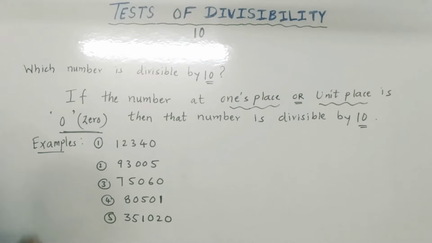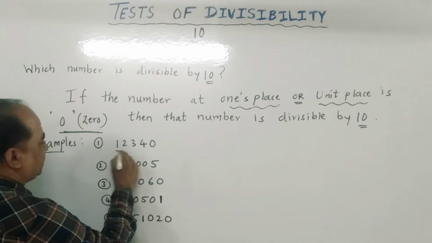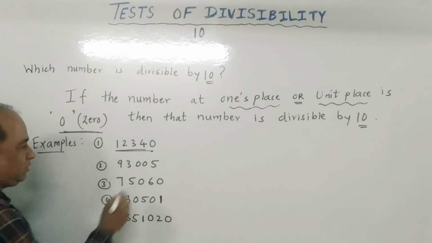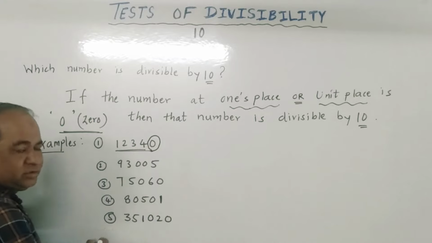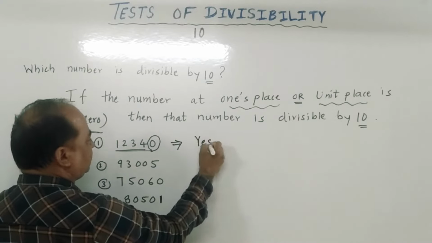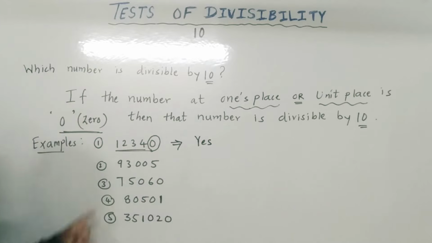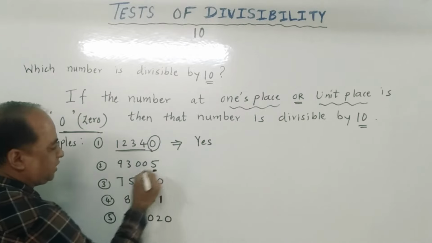So let us see the examples. Is 12340 divisible by 10? See the last digit. The last digit of this number is 0. So this number is divisible by 10. Now 93,005. Is this number divisible by 10? Check the last digit.